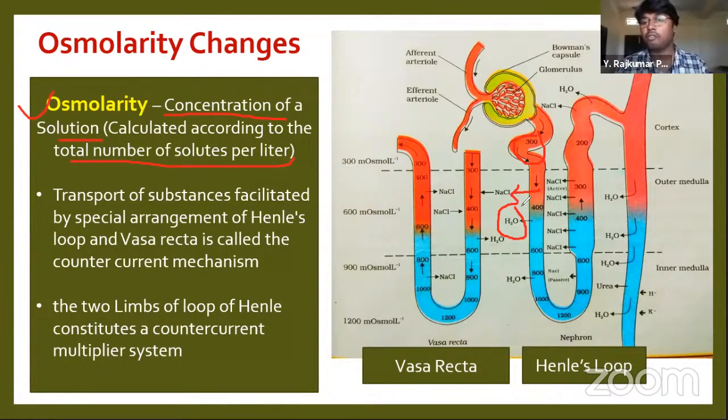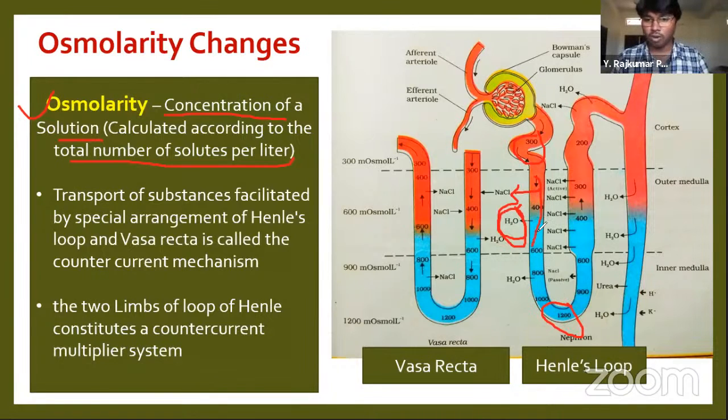Due to removal of water in the descending loop of Henle, the concentration increases to 1200 osmolarity. Why does it have to increase? Because the medullary osmolarity is high. That's why it has to change according to the medulla. For making the balance, it has increased its concentration.